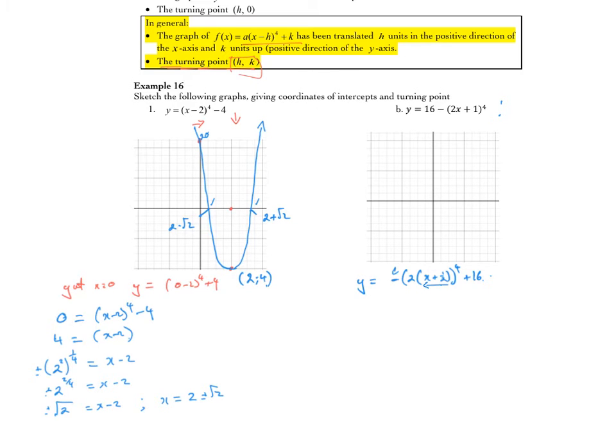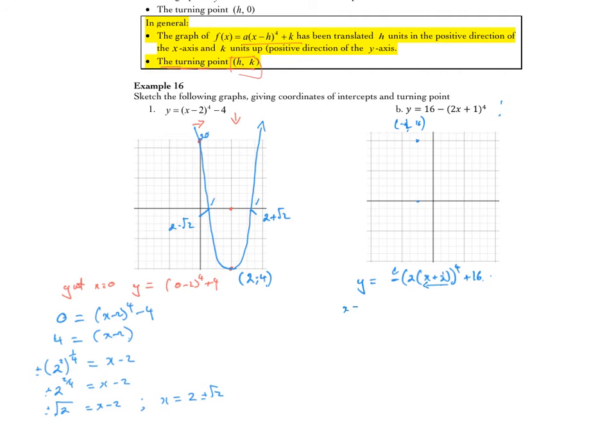So we know that that turning point is going to be at negative a half, positive 16. So my scale is going to be a fair bit out, isn't it? So let's just make that point 16 there. We'll go with negative a half, 16. And let's get some intercepts.